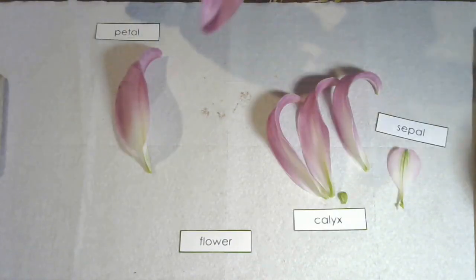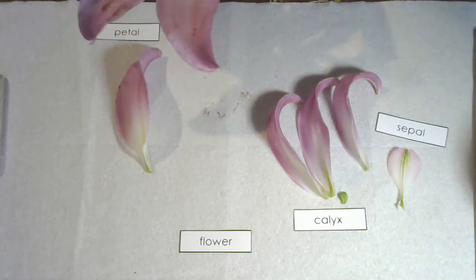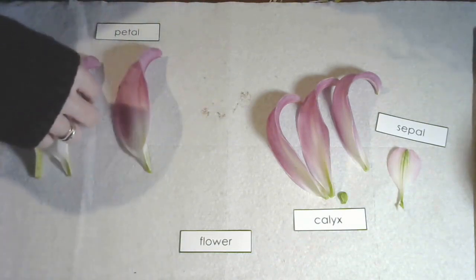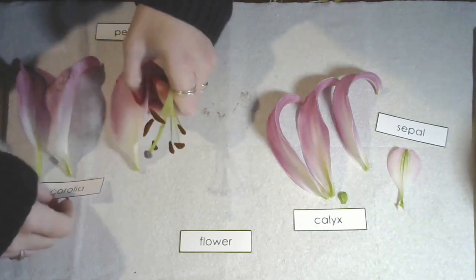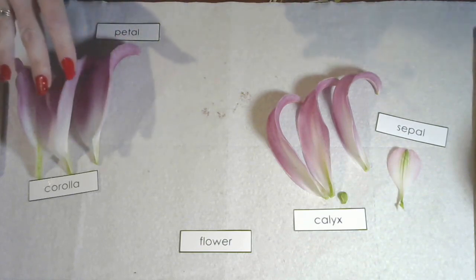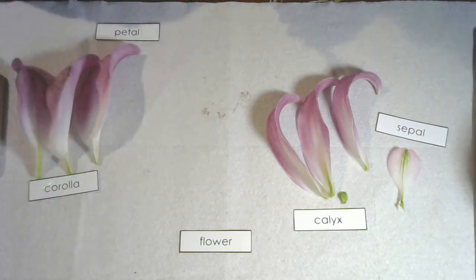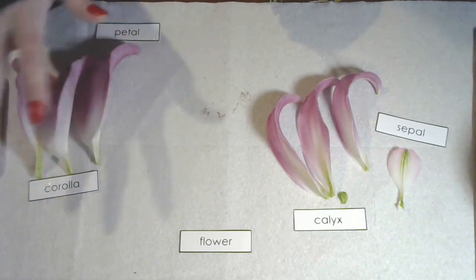Okay. What we might not know yet is that all of the petals gathered together have a name, that whole whorl of petals, and all together they are called the corolla. So just one is called a petal, and altogether they're called the corolla, and their job is to attract those pollinators, to get the bees and the butterflies, in some places birds, hummingbirds, maybe flies.